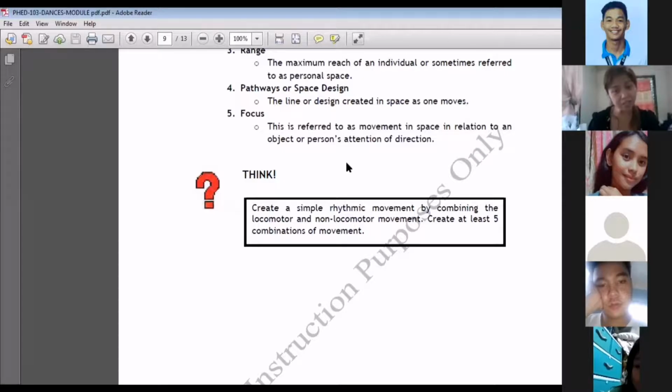Come on, I think you have the idea, and I want you to bring it out. You just have a hard time maybe expressing what is in your mind. So if you have spatial awareness, that means what will you be able to avoid? Bumping into others. Correct! That's it, guys!